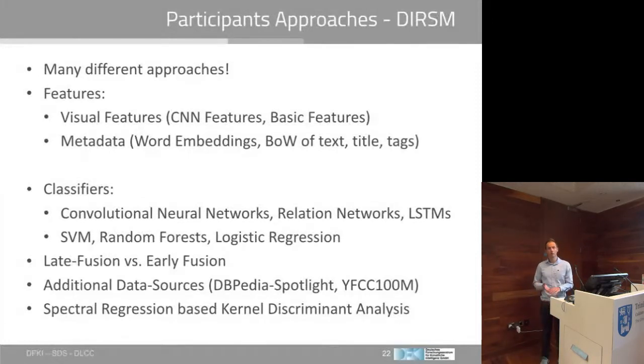Since we also considered multimodality, combining text and visual content, we have different approaches for the fusion: late fusion and fusion at the feature level, which have been discussed, and also something very important, combining this dataset with additional resources. So the task itself was quite open, especially for the last 2 runs, and people used YFCC data, Google images, and DBpedia Spotlight, for example, to augment the images and improve the algorithms.